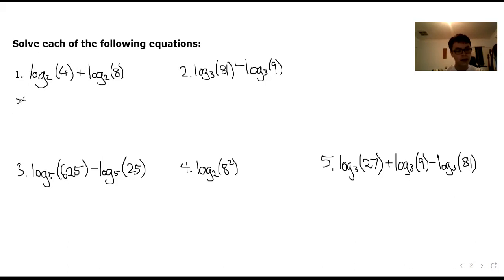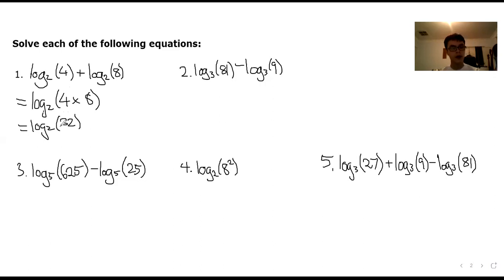So in this case it will be log base 2 of 4 times 8 in brackets, and then we get log base 2 of 32 in brackets.